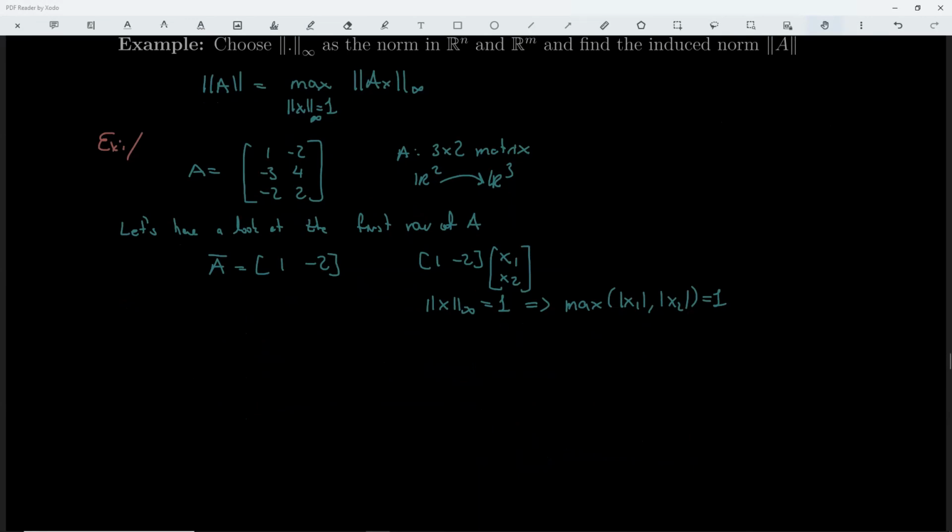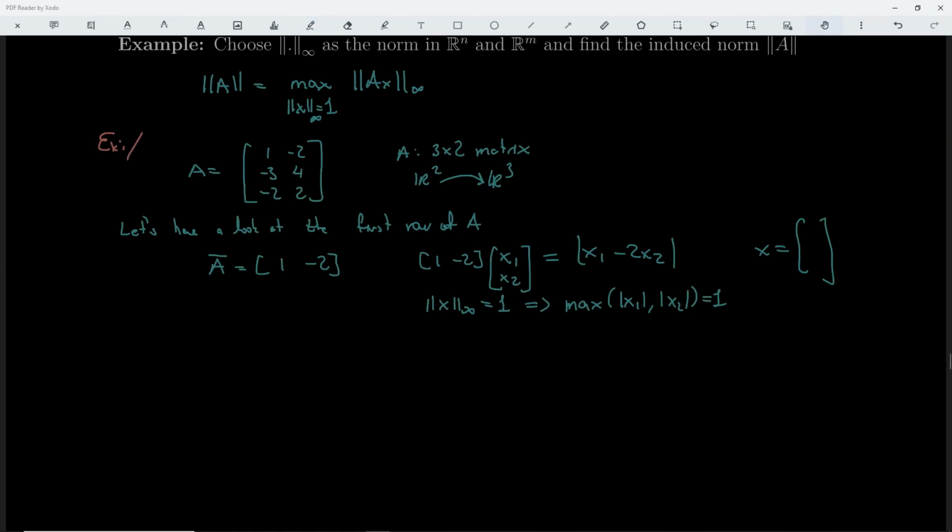Suppose I would like to maximize the absolute value of this multiplication. That will be simply equal to x1 minus 2x2, right? Can you tell me one x which maximizes the absolute value of that? How would you choose x, whose infinity norm is equal to 1, that maximizes it?